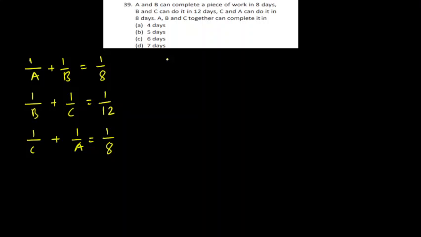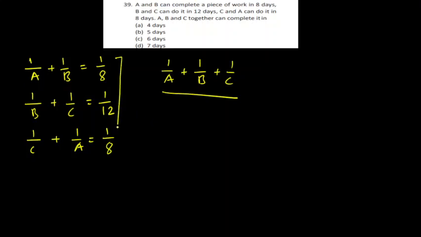Now they want us to find out in how many days A, B and C together can complete the work. So what do we need? We need 1 over A plus 1 over B plus 1 over C. Now how can we get this?